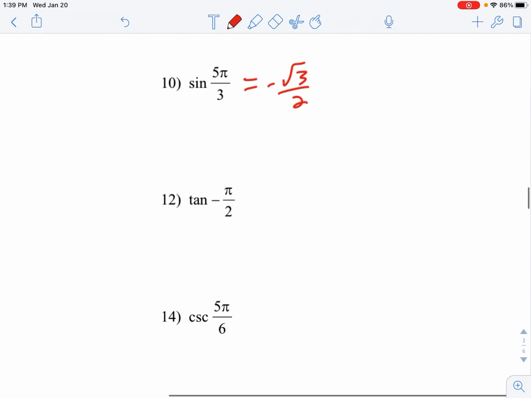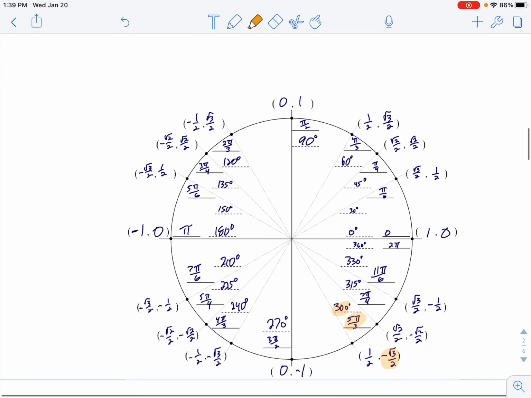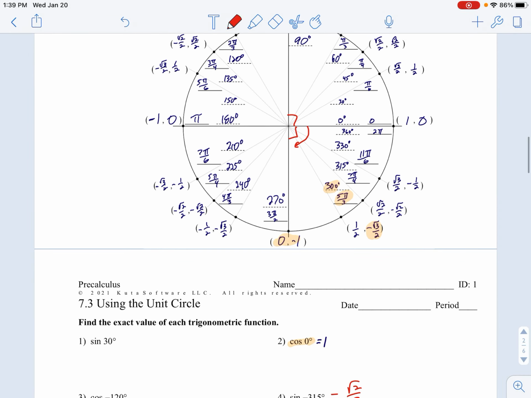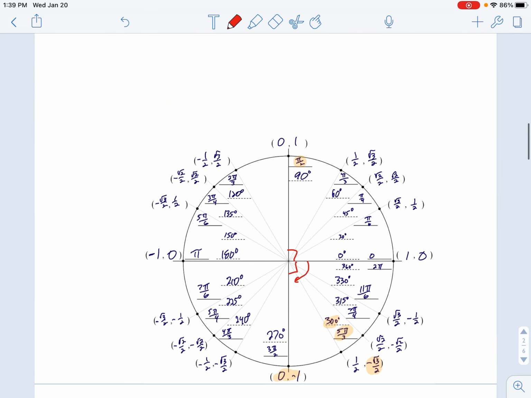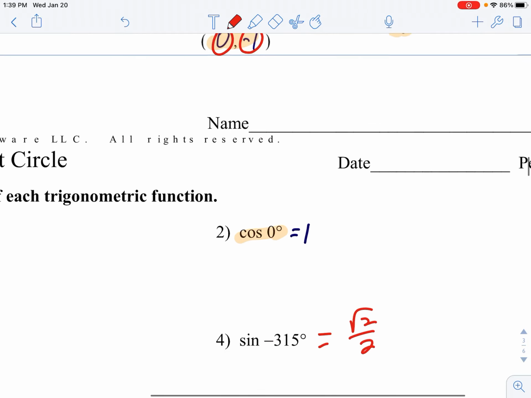All right, tangent of negative pi over 2. Positive pi over 2 is a 90-degree angle. Negative pi over 2 would just be the other direction. So right here. Tangent, again, check our notes. Tangent is y divided by x. So I need to take the y value, which is negative 1, divided by the x value, which is 0.